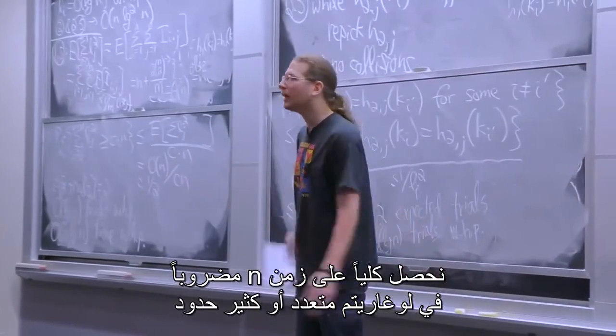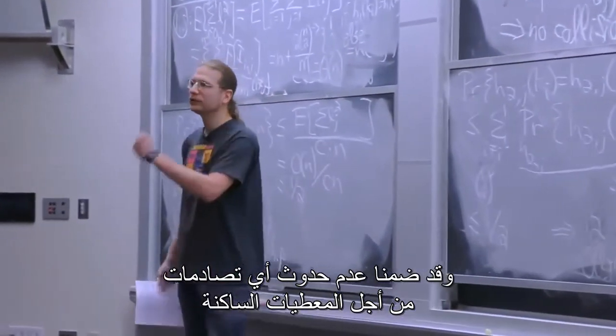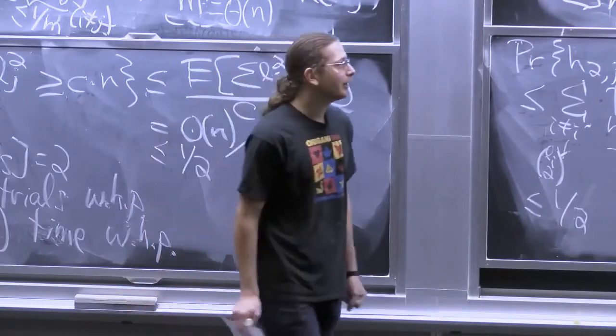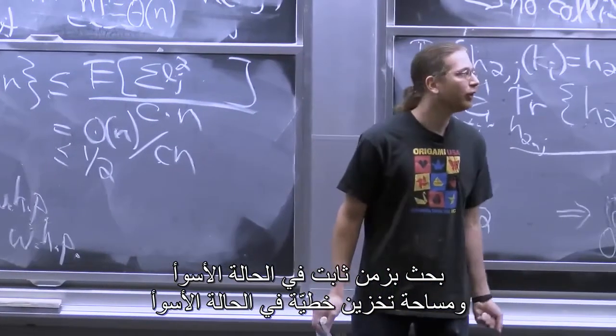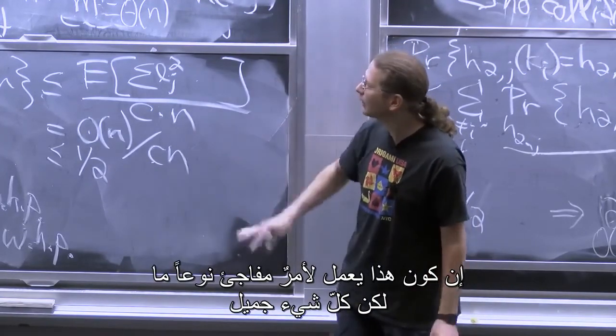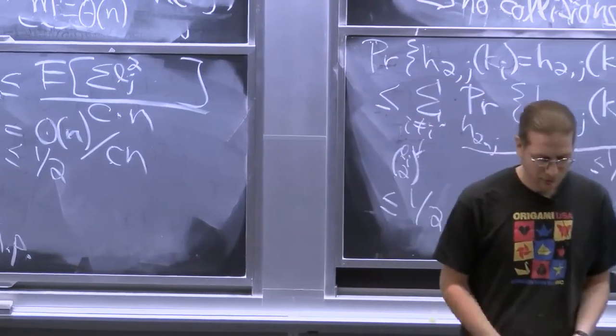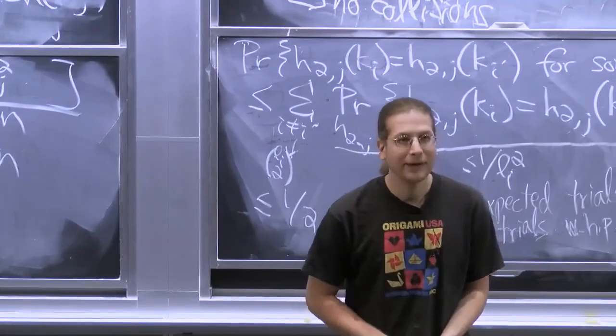Overall, n polylog, or polynomial time. And we get guaranteed no collisions for static data, constant worst case search, and linear worst case space. This is kind of surprising that this works out, but everything's nice. Now you know hashing.